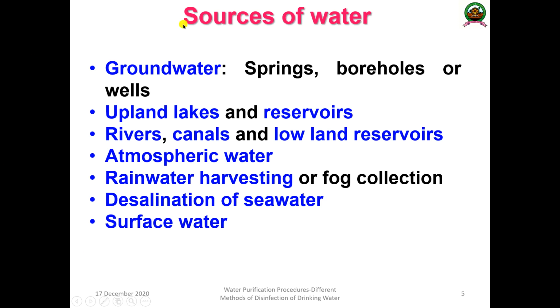Then we have already discussed the major sources of drinking water: groundwater such as springs, boreholes or wells, the upland lakes and reservoirs, rivers, canals and lowland reservoirs, then the rainwater, that is atmospheric water, the harvested water from the rain, then the collection of fog, then desalination of seawater, then the surface water.